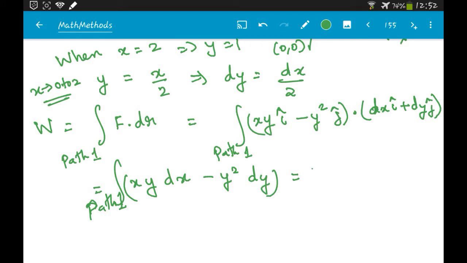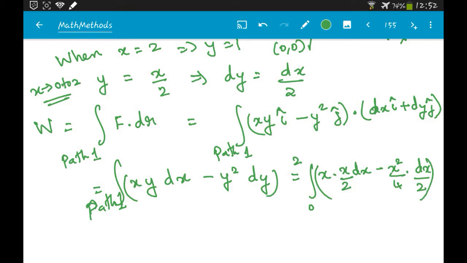So you are going to get the integral from 0 to 2 of x into x by 2 dx minus y square, which is x square by 4, into dy, which is dx by 2.